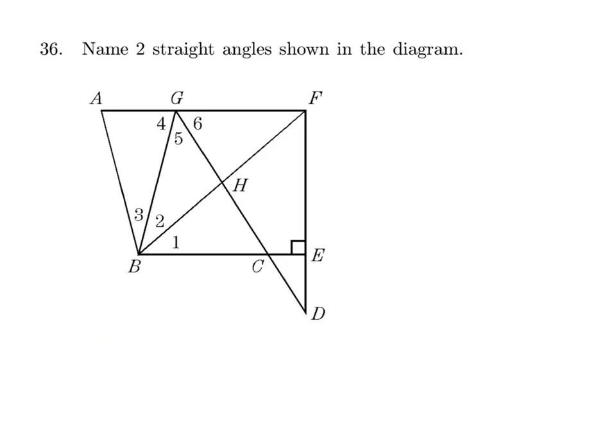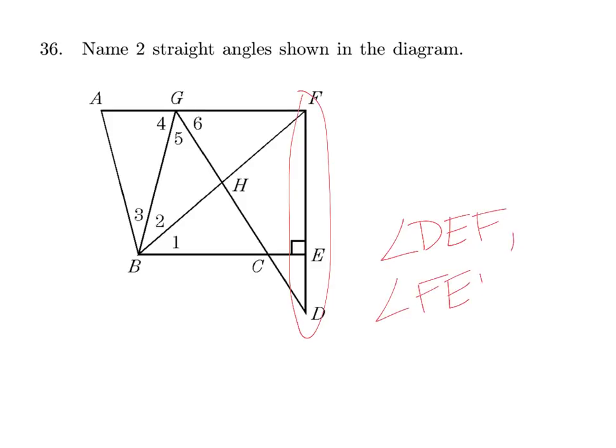Number 36. Name 2 straight angles shown in the diagram. Straight angle means that it's a 180-degree angle. The most obvious is this one right here for me: angle DEF, or you could also call it FED.